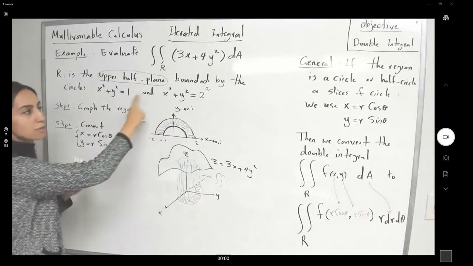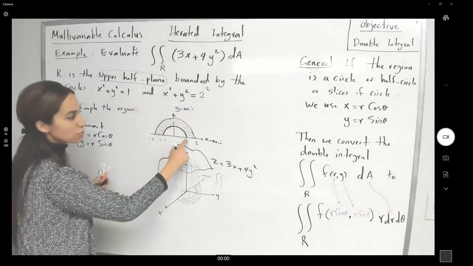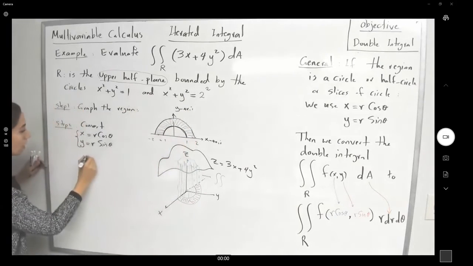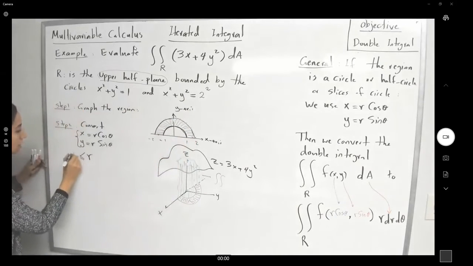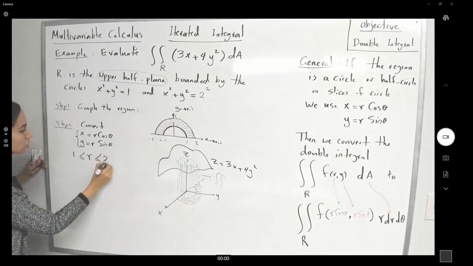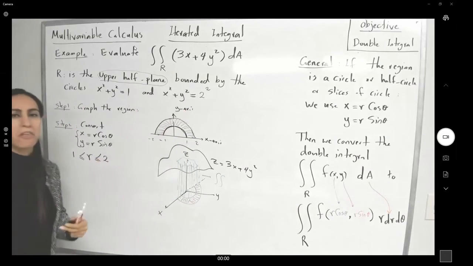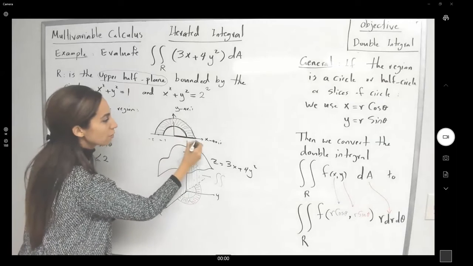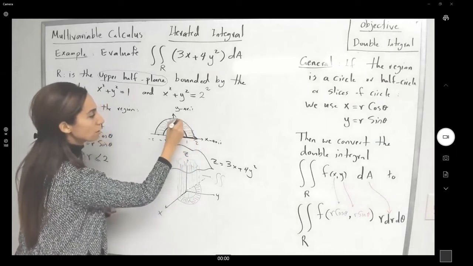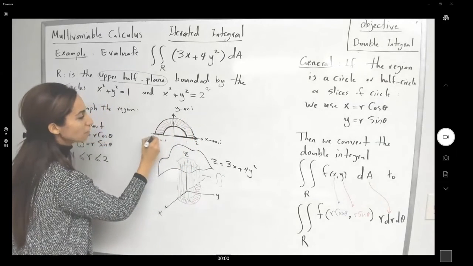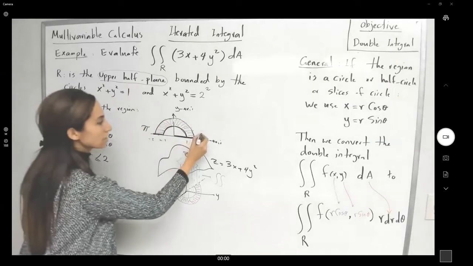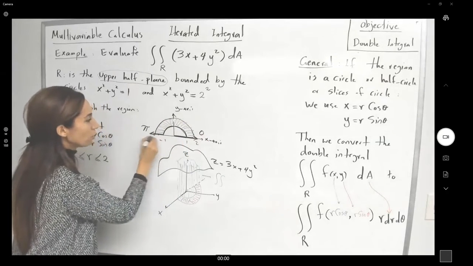R as the radius ranges between 1 and 2. This is the radius. What about theta? Theta starts from 0. It starts rotating and stops at pi. So your theta is between 0 and pi.